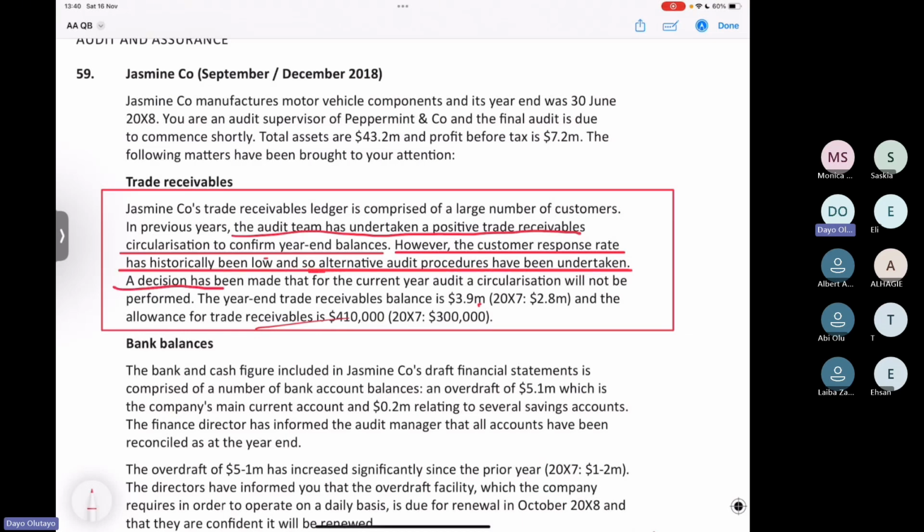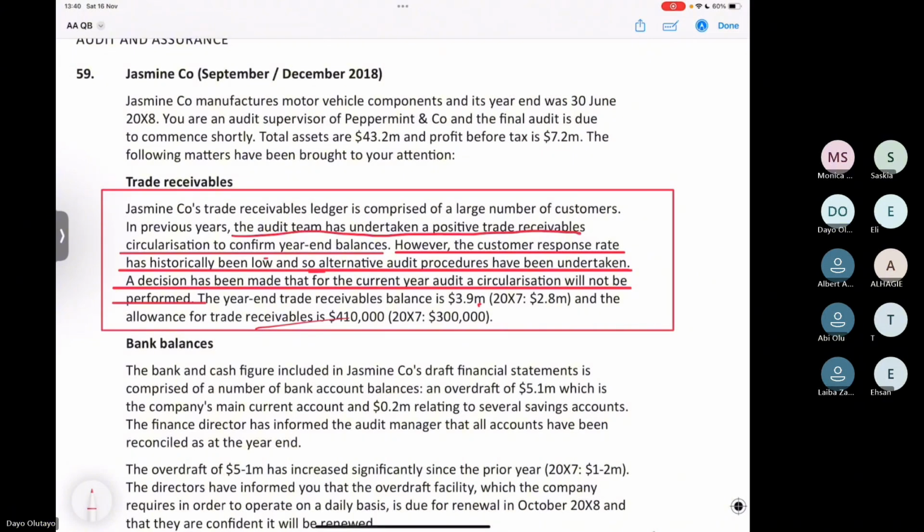A decision has been made that for this year, circularization will not be performed. So imagine in this question, they're asking you for substantive procedures. If you give perform circularization as your procedure, it's zero. Everything they want to talk about is alternative procedures.